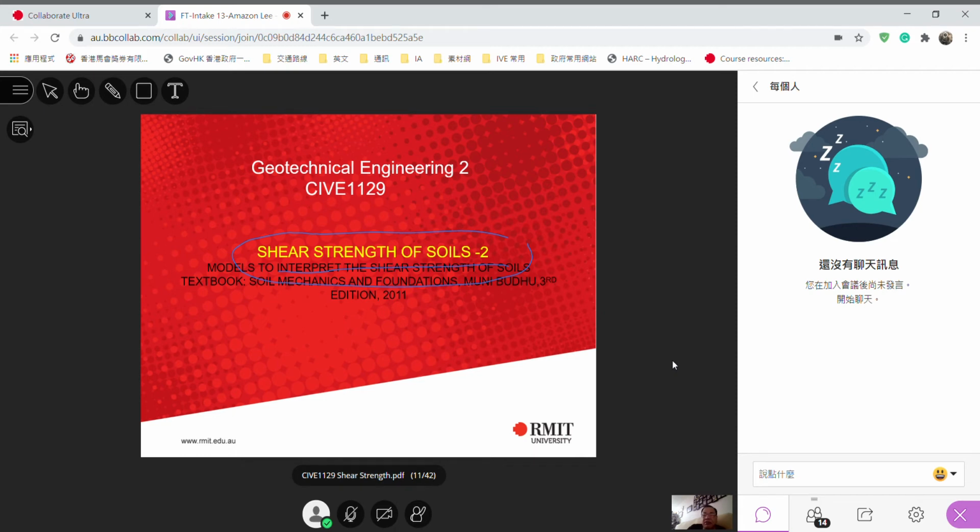So before we can design this earth structure, one important parameter we need to know is the shear strength of the soil. That's why today we will discuss what it is and how to determine it.